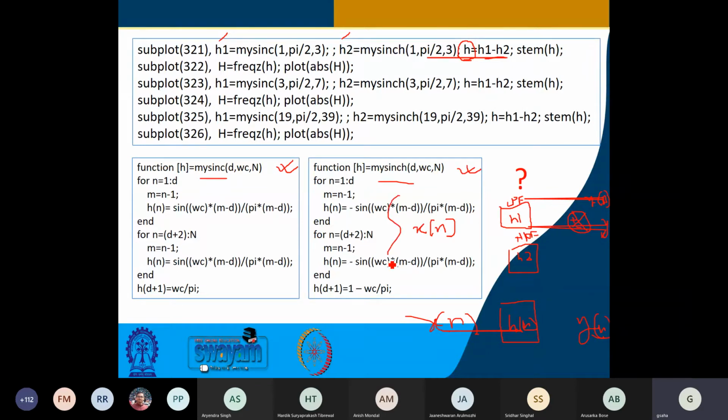You get my point? System level, block diagram level. Is my question very difficult? H is an equivalent representation where the individual entities are H1 and H2.